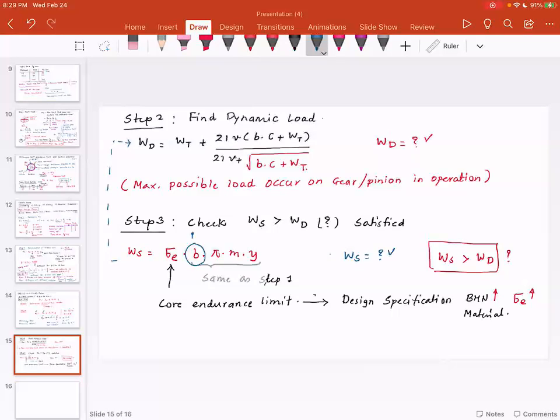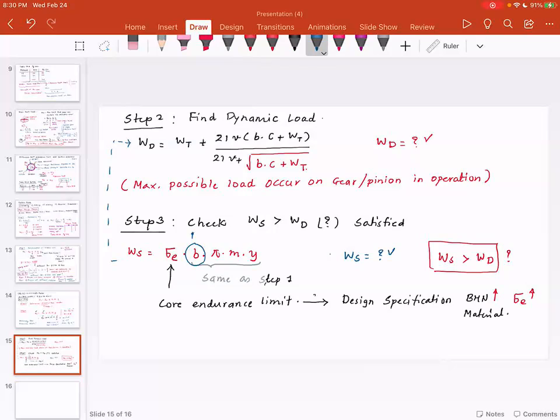Again, there is a limitation to increasing the value of B. You cannot increase the value of B to a very large value. You can't have B equal to 100 times M. That will not be a gear. That will be sort of a worm wheel. So that is not possible.